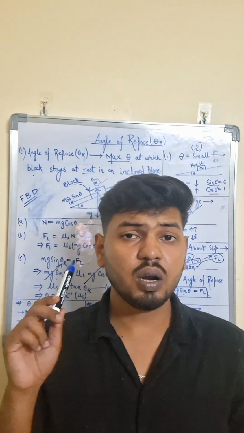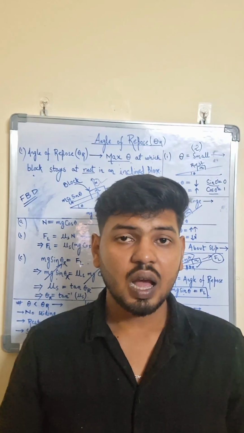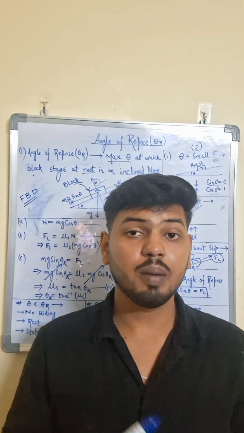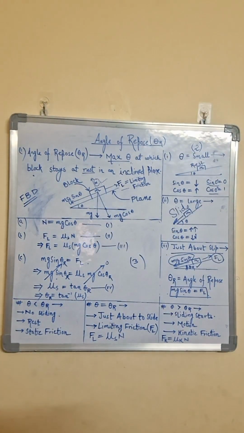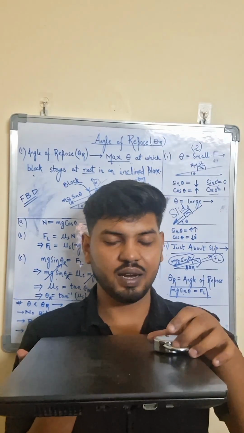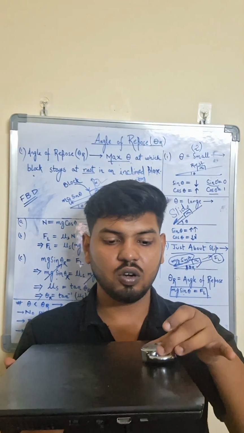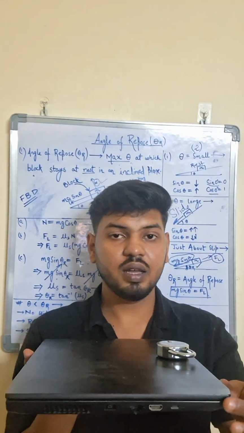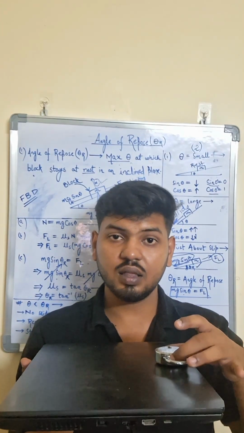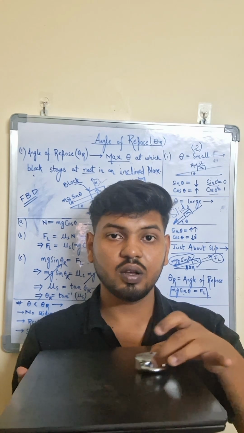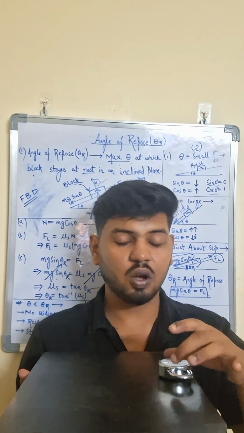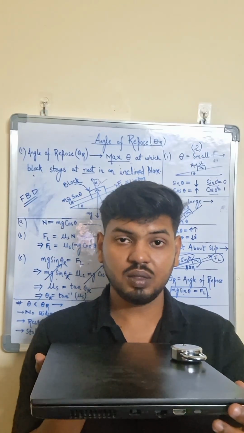Now, before understanding the free body diagram, I want to give you an example to understand the concept in a better way. So, let me take a laptop as a plane, with an object on top of it, and gradually we will increase the theta. The moment we increase the theta, the object will slide down. We will observe this sliding motion of the object at the maximum theta.